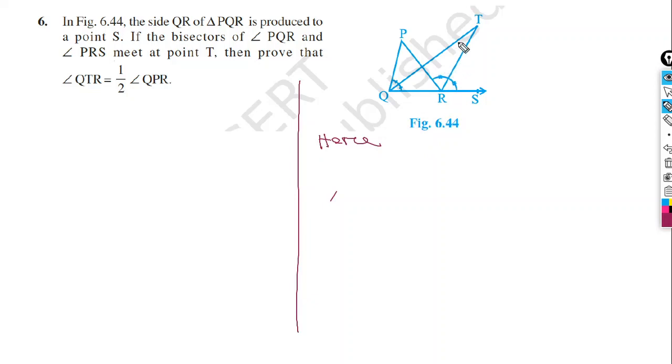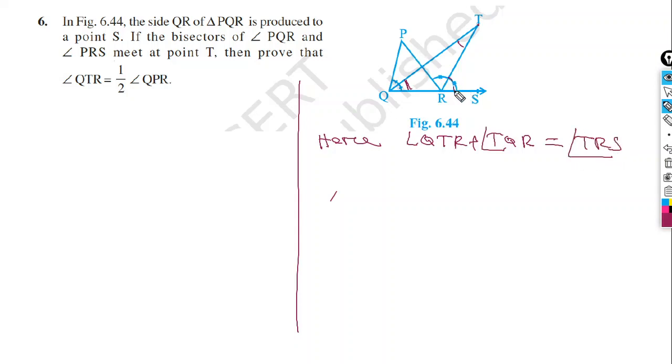You can write angle QTR plus angle TQR is equal to angle TRS, isn't it? Why?